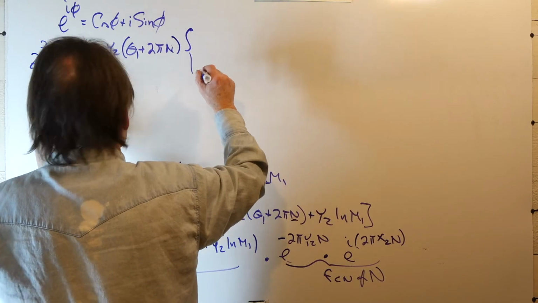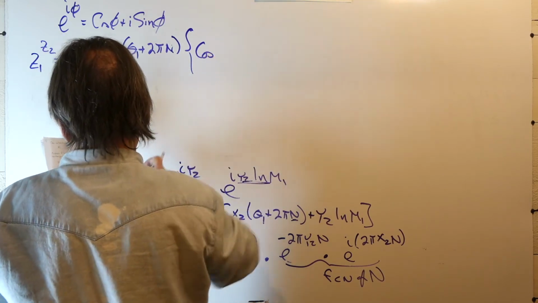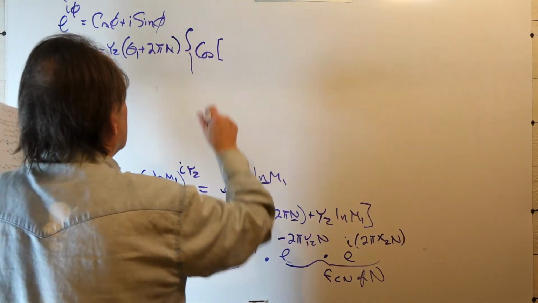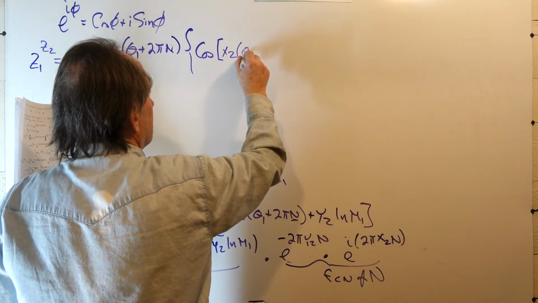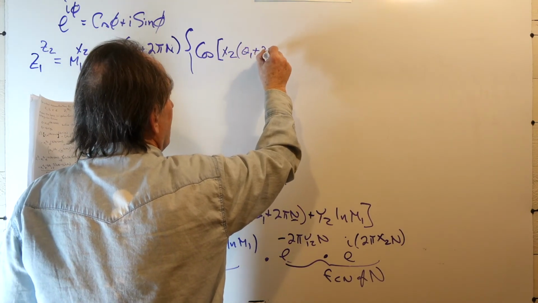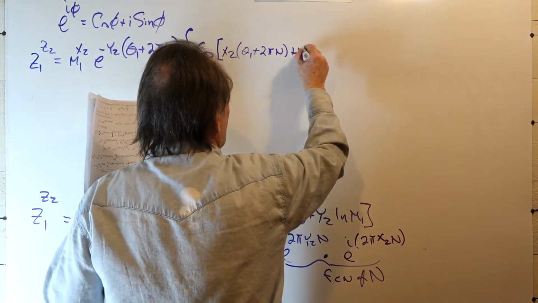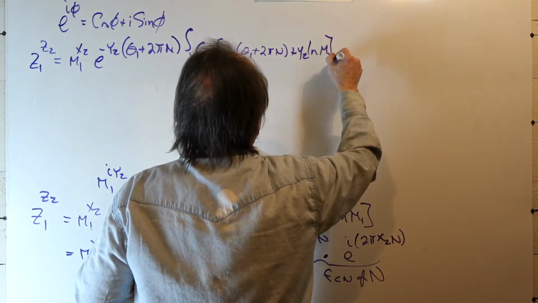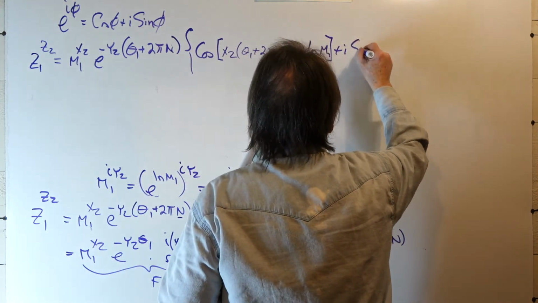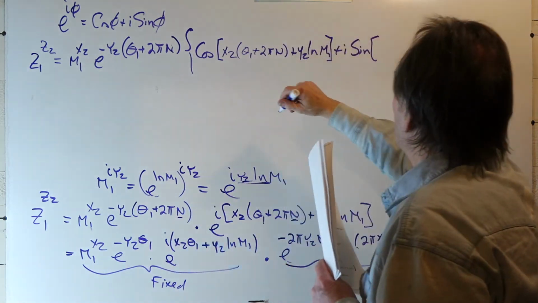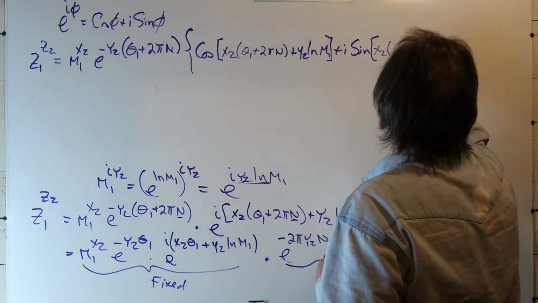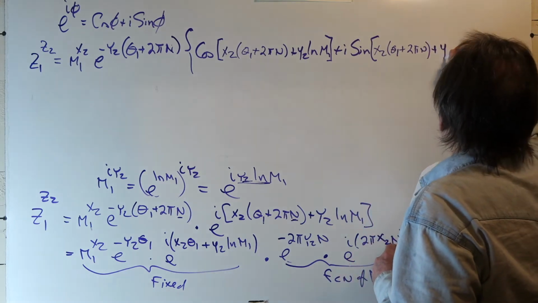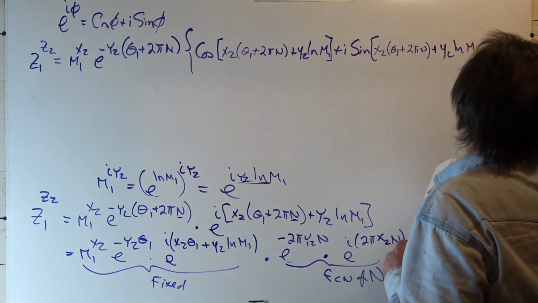I'll write this as the cosine of x2 times theta 1 plus 2 pi n plus y2 natural log of m1, plus I times the sine of this very same angle here, x2 theta 1 plus 2 pi n plus y2 natural log of m1.